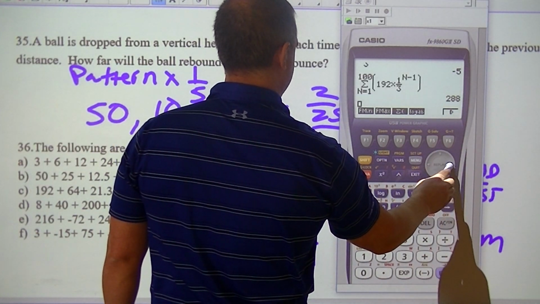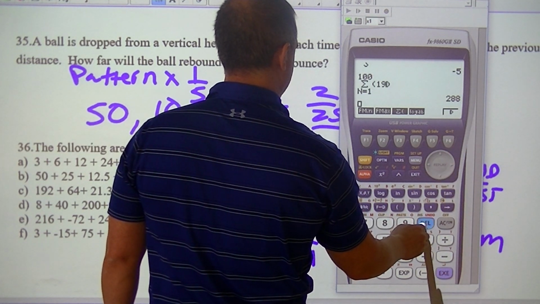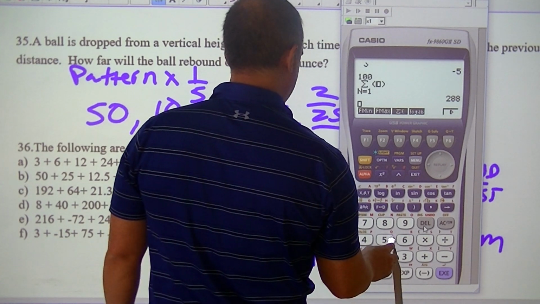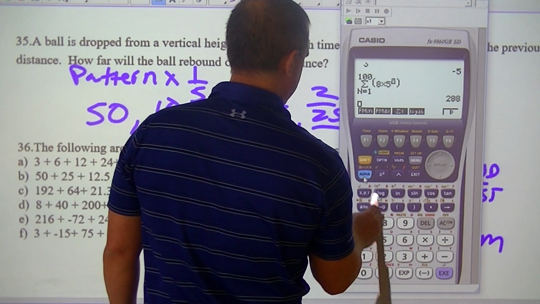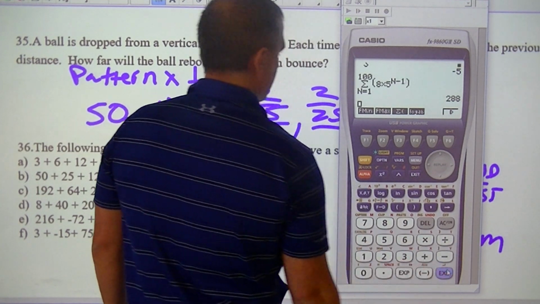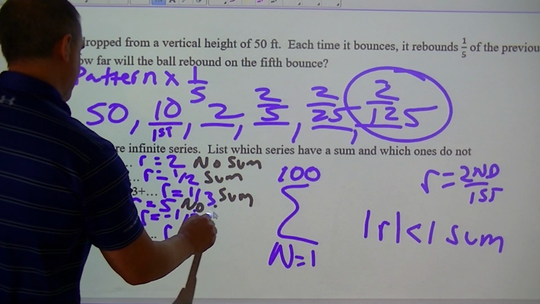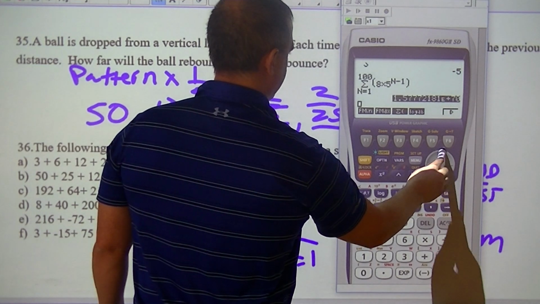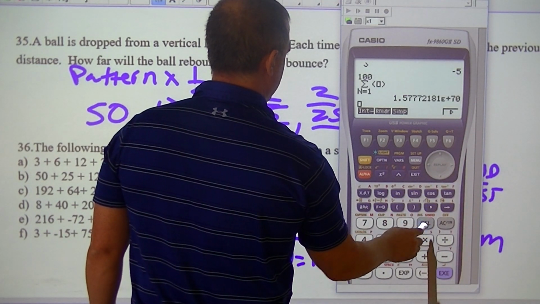Go into this one. All right, now I make the rate for this one 5, so that would be 8 times 5 to the n minus 1. As you can see, big E there, so that's no sum. All right, now we'll do this one. So you can either do the way I'm doing it or know the principle.